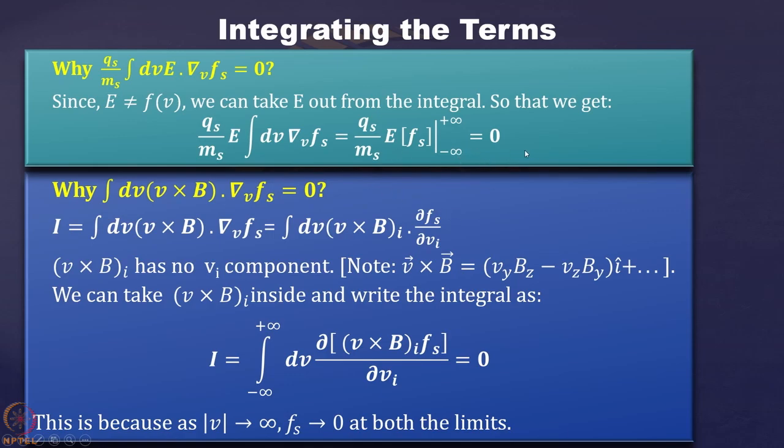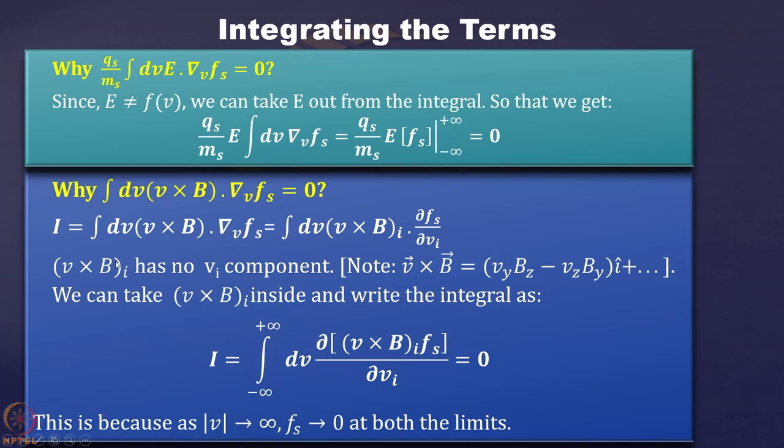So this integral was naturally 0, and when we came to handle dV V cross B grad V Fs, it was a bit tricky, because if you really want to split it into components and do the integration, it may take several pages of your notebook to find out the integration value.